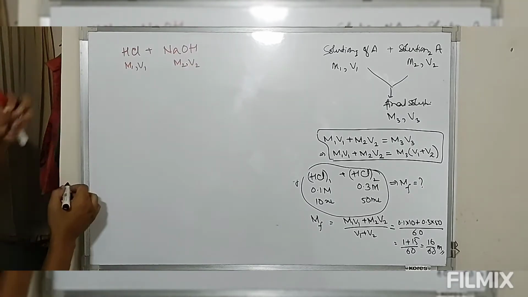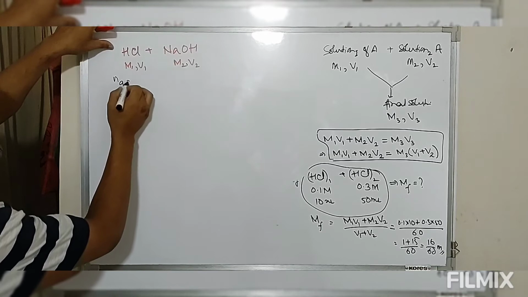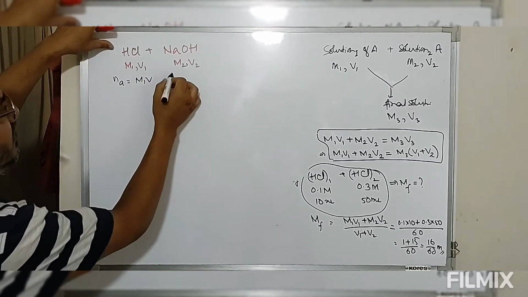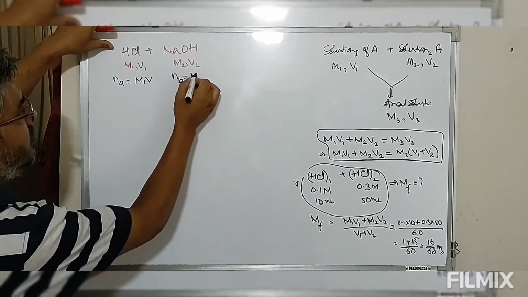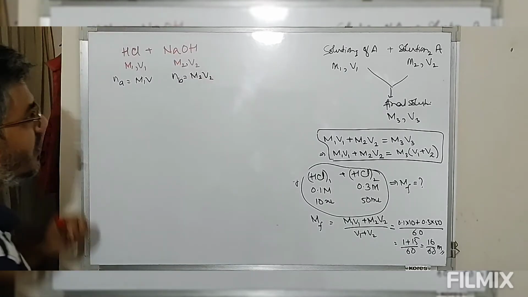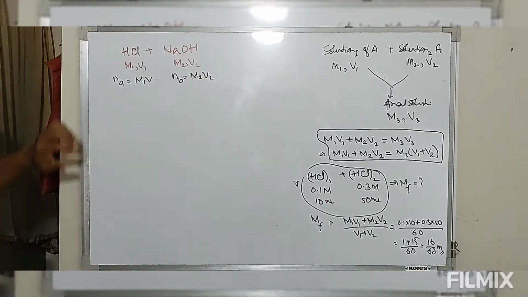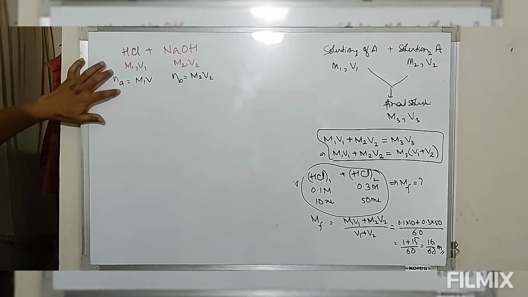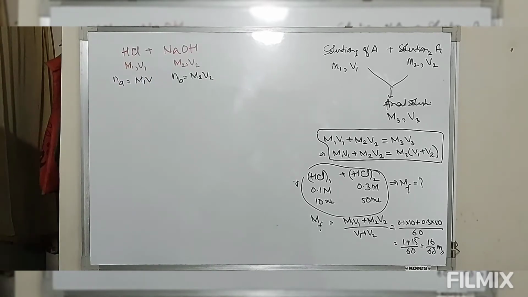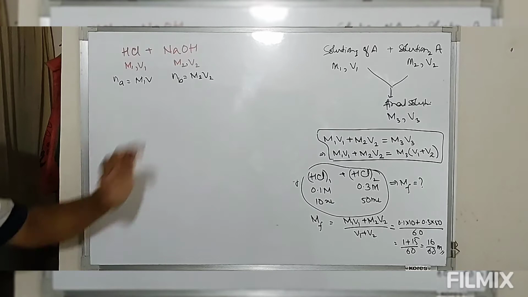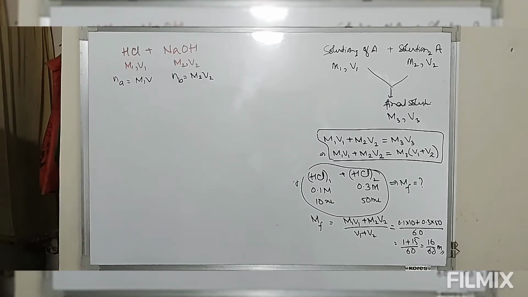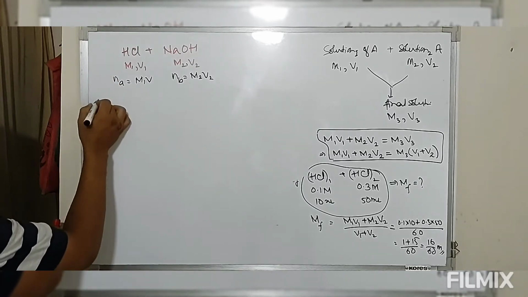Therefore, look at this, the number of moles of acid is M1V1, the number of moles of base is M2V2. Now look at this, NA and NB may be the same, or NA may be greater than NB, or NB may be greater than NA. So let's take this case.